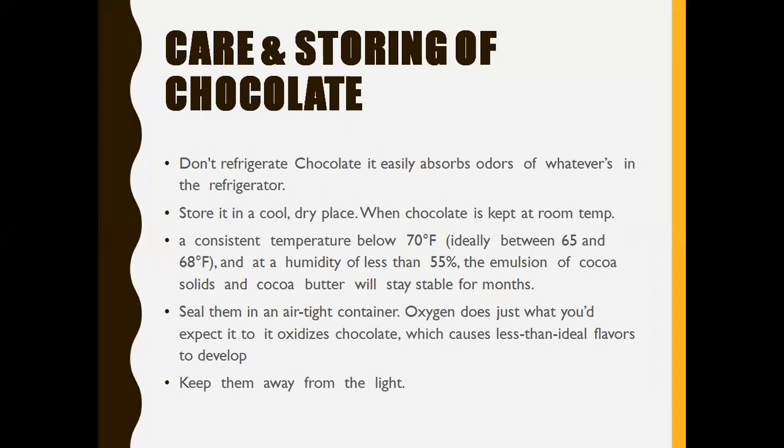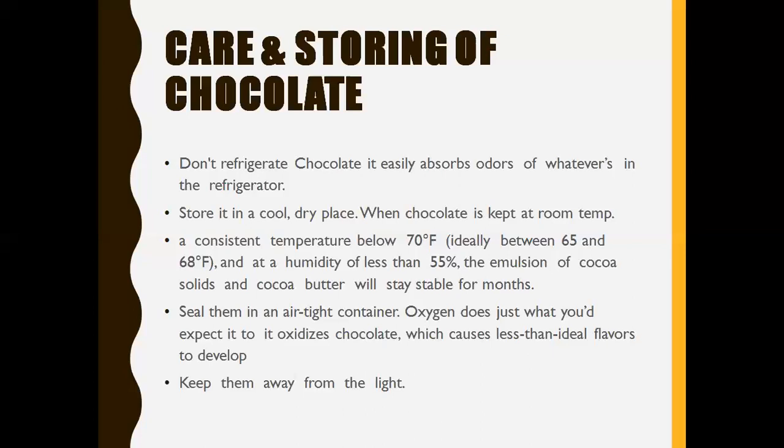A consistent temperature below 70 degrees Fahrenheit, ideally between 65 and 68, at a humidity of less than 55. An emulsion of cocoa solid and cocoa butter will stay stable for a month. Okay, so that's the temperature you should maintain to store the chocolate.